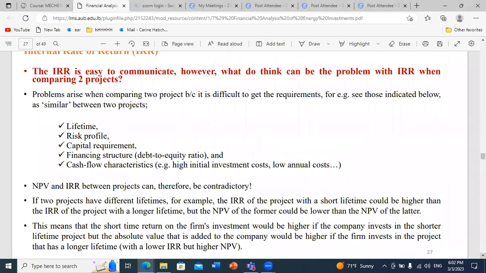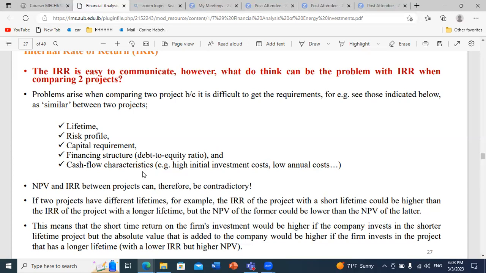So the IRR is easy to communicate. However, what do we think can be the problem with IRR when we compare two projects? Mainly, to be able to compare two projects, you should have all other factors the same, and only the IRR different. In general, it's difficult to have completely the same features, but in case you do, the comparison of the IRR can help you make your decision.